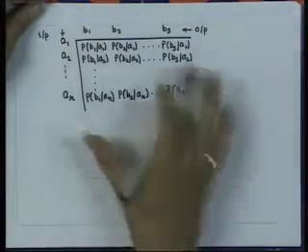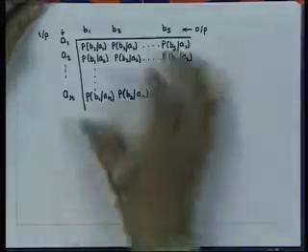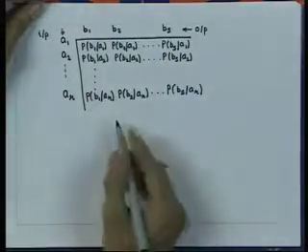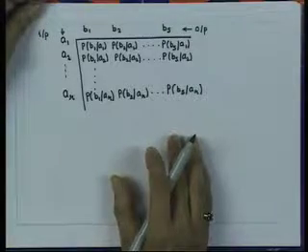So, a channel can be described in a concise form as shown here. So, this will form a description of an information channel.